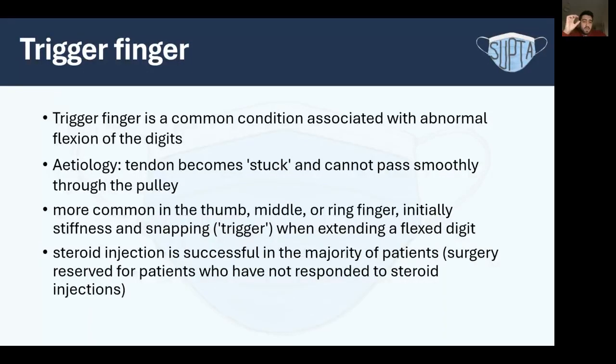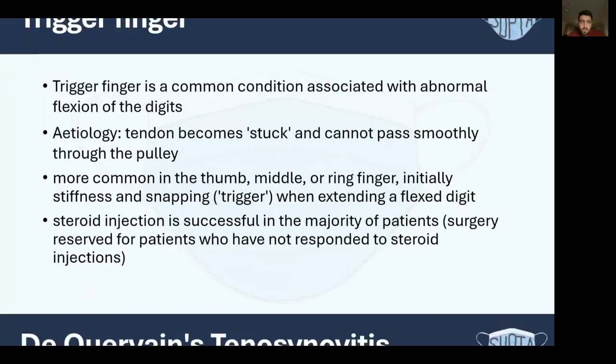It's more common in the thumb, middle, and ring finger initially, and you may have a snapping trigger when extending the flexed digit. The management is steroid injections, and they're usually successful. Surgery is reserved for last-case scenarios, like if the initial treatments don't work.